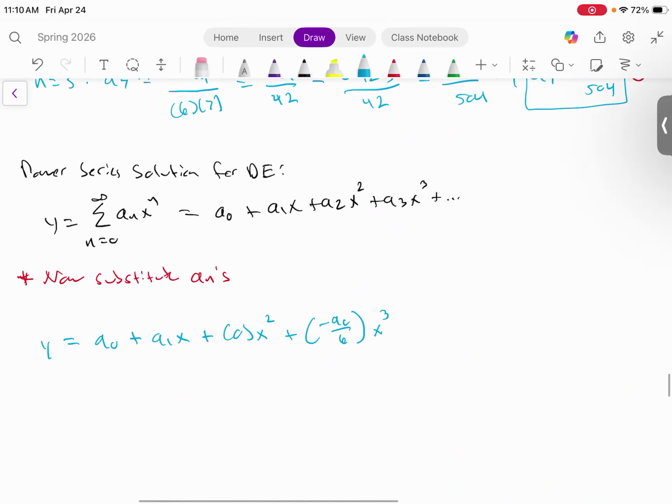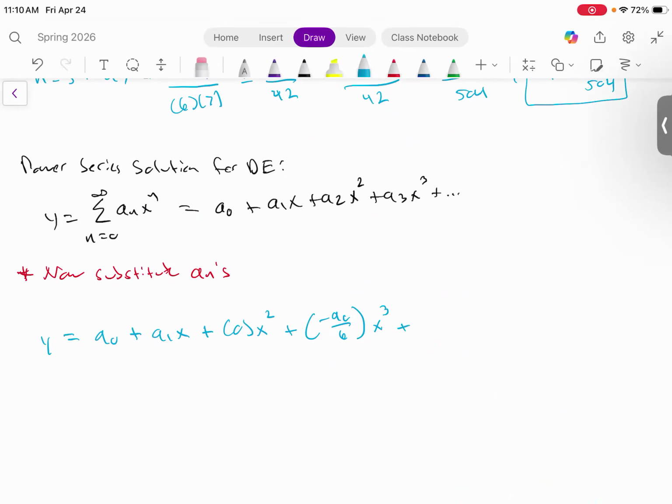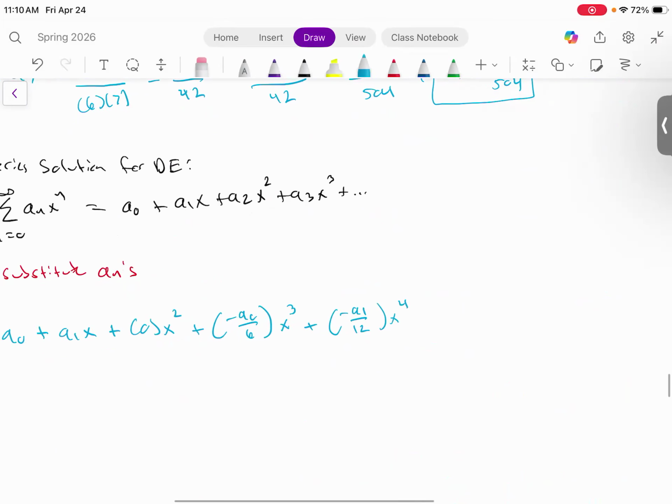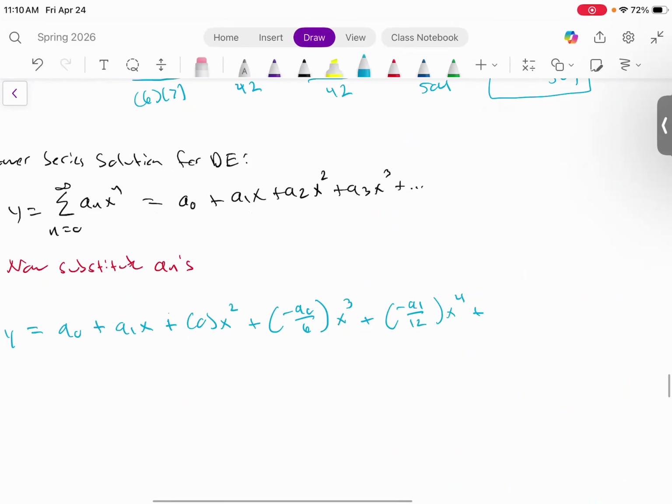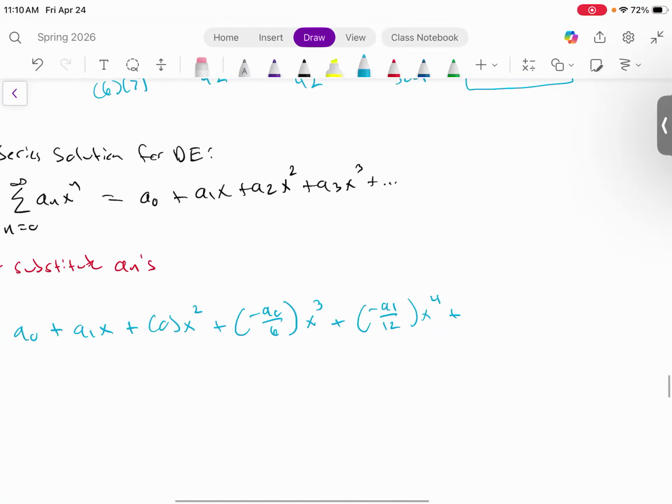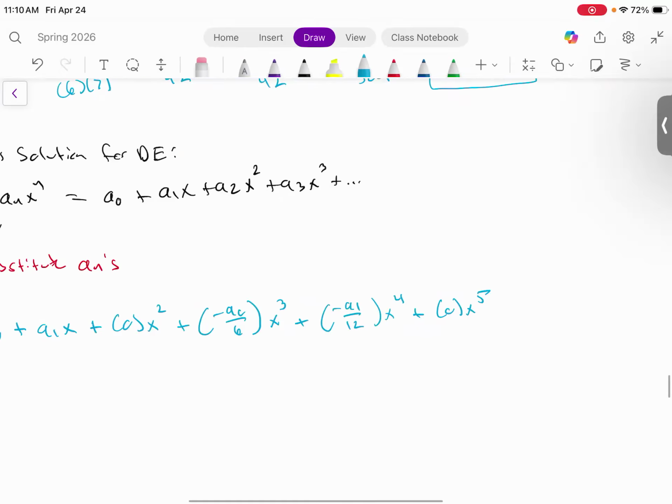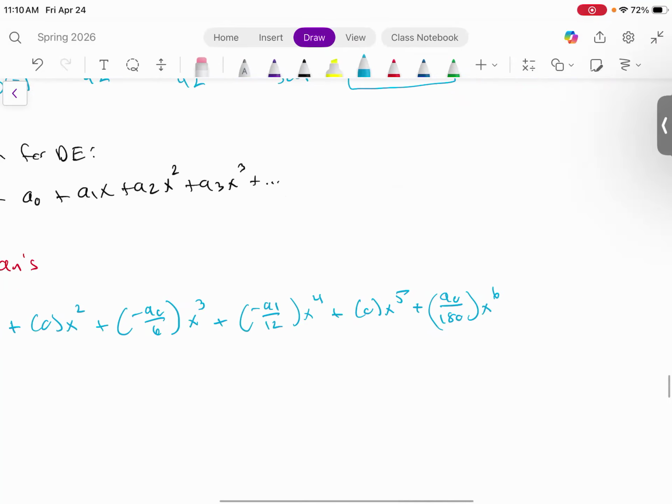And we'll just keep plugging them in. a4, if you look above, is negative a1 over 12. a5 was 0. a6 was a naught over 180. And a7, the last one we got, was a1 over 504.